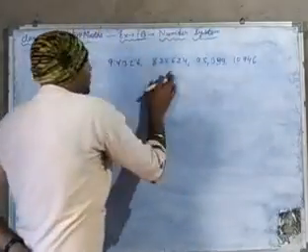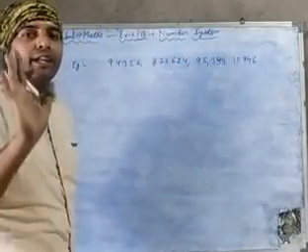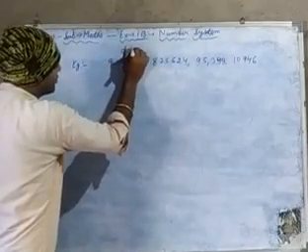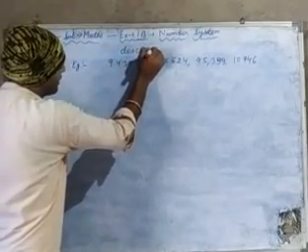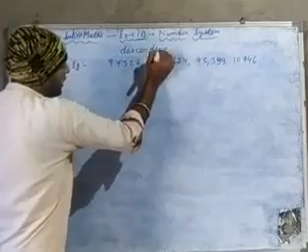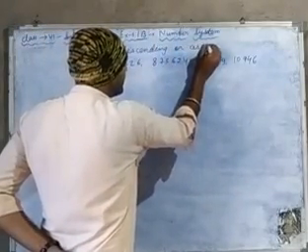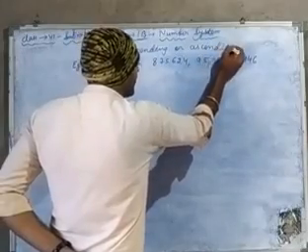So how many numbers have we taken? We have taken 4 numbers, and we have to arrange these numbers either in descending order or in ascending order.